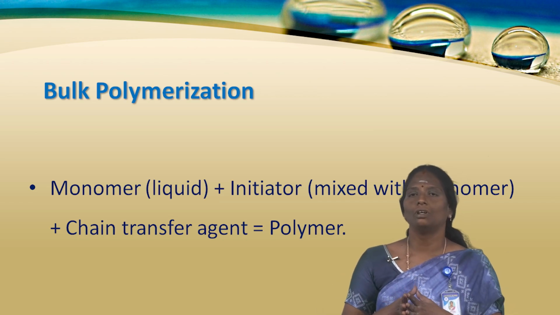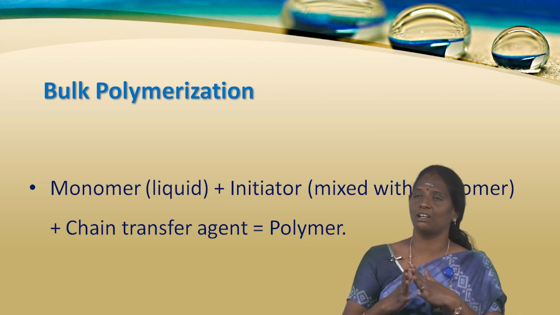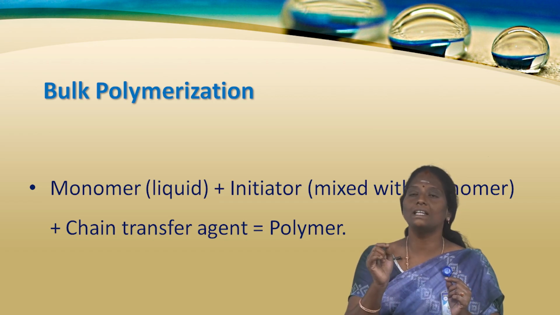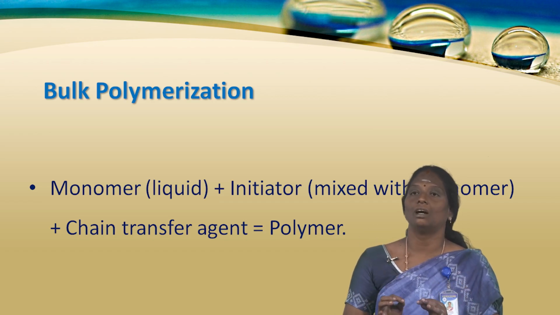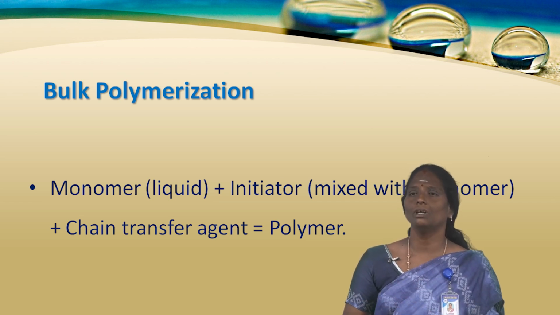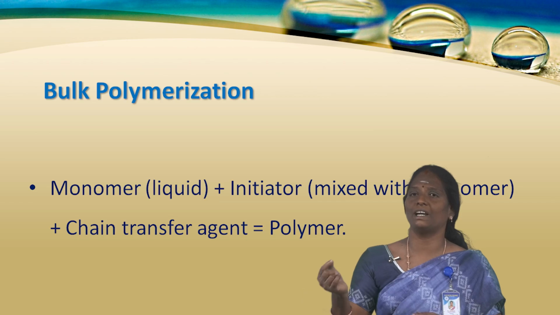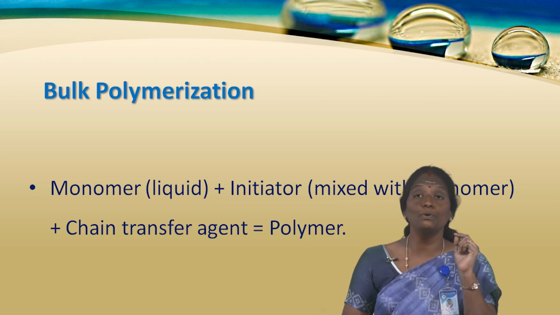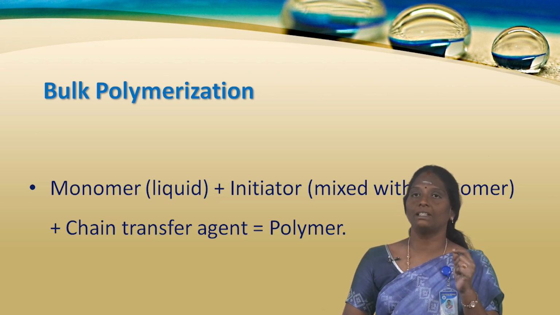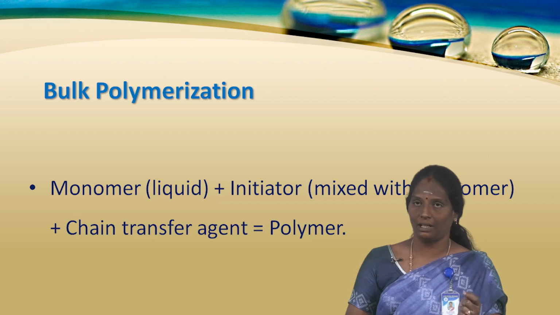Okay. So, what are the advantages of bulk polymerization? It is quite simple and requires simple equipments. The polymers obtained by this method are high purity compounds. We have to know that we prepare high purity polymer by this bulk polymerization technique.